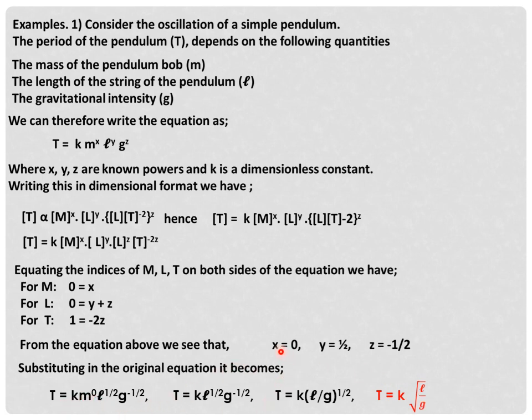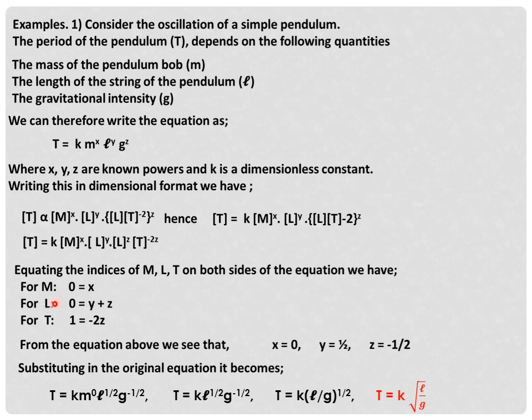We have already solved for x, y, and z. How did we solve for them? I went through it, equating the powers on the left-hand side to the powers on the right-hand side. We saw that for m, there was no m on the left-hand side, so the power is 0. On the right-hand side, the power of m is x.